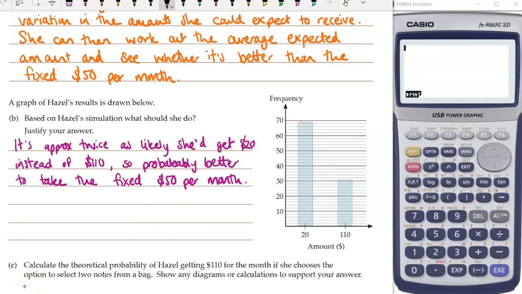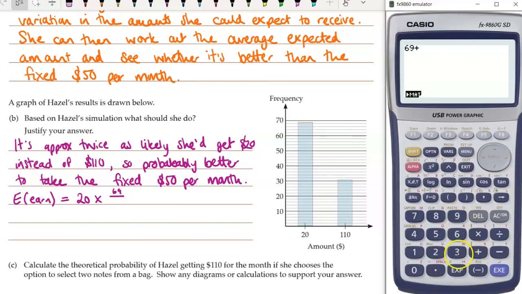And we can go a further step to support that and work out the expected amount of earnings from this. So the expected earnings would be $20 times the frequency we've got here, which is 69 out of the total. This is a 69 and this is a 31, so she must have done that 100 times.